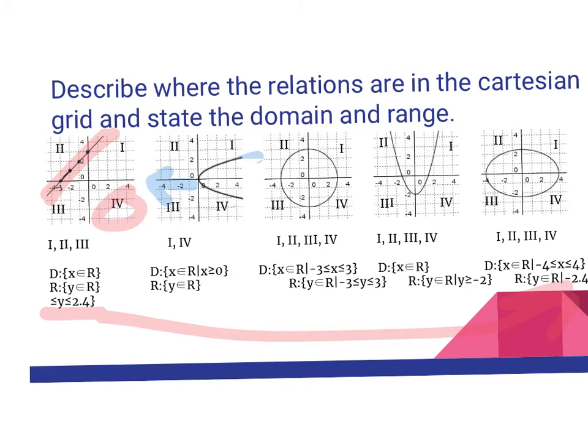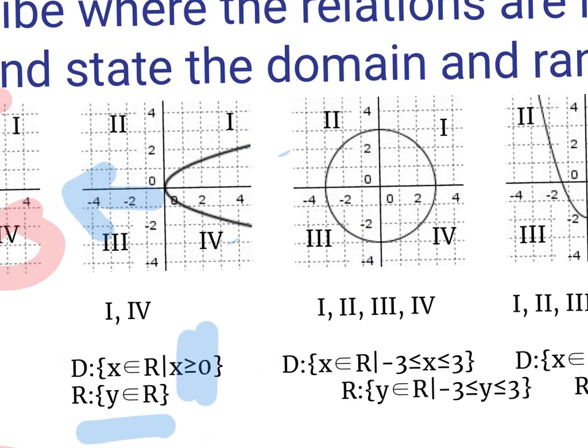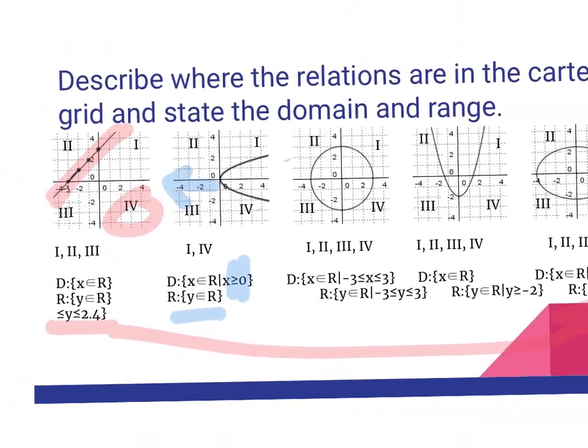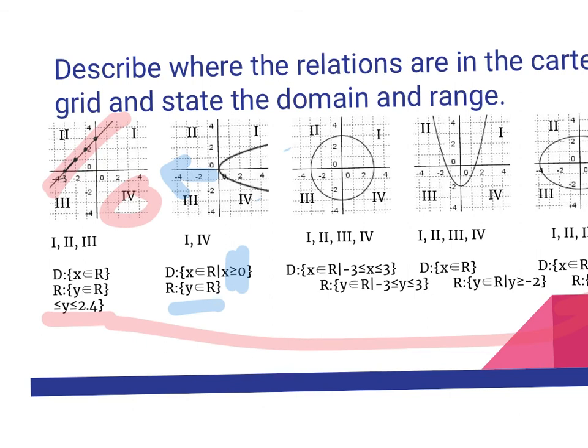So it starts at the origin, so it includes 0. So you have to say that x is greater than or equal to 0. And there is no restriction on the y value. So that parabola, even though the y's are going to have to get very, very large, you could say that you could go to infinity on that parabola. It won't fit on a graph, but you could.